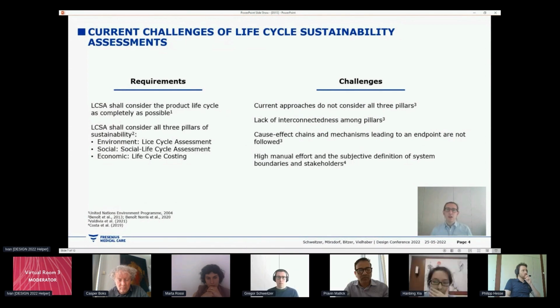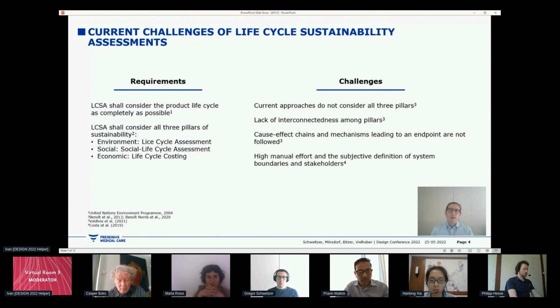Current challenges are that current approaches do not consider all three pillars. They focus on one or two of them, but not on all of them combined. Additionally, there's a lack of interconnectedness among the pillars. The current approaches focus on the pillars independently, but do not look at interconnections between these pillars. Cause-effect chains and mechanisms leading to an endpoint are not followed in their entirety.